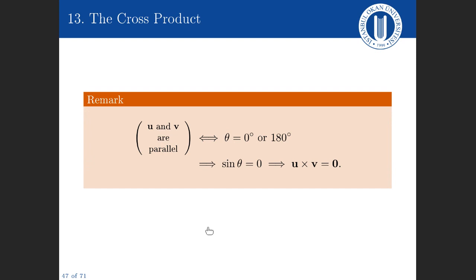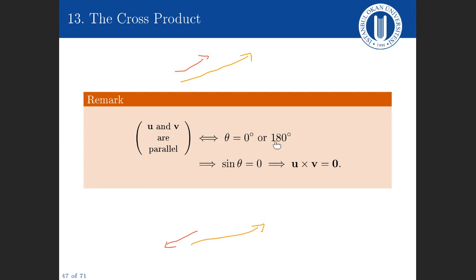We can say that two vectors u and v are parallel. Parallel means they point in the same direction, like this, or it means they point in opposite directions, like this. They're parallel if the angle between them is 0 degrees, and that means they point in the same direction, or 180 degrees.